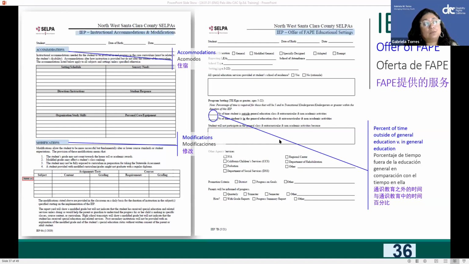So we start in general education, and students should only be moved to a more restrictive setting if they require that in order to access their education. But the IDEA and California education, I really encourage general education and students being in the least restrictive environment.